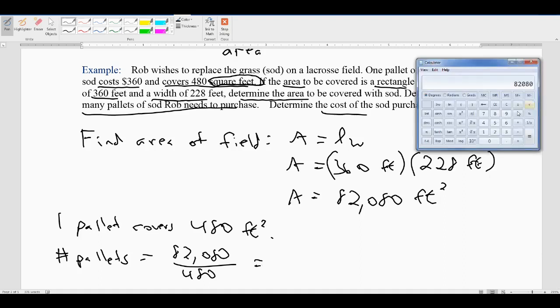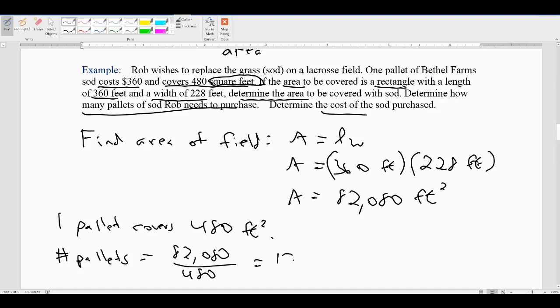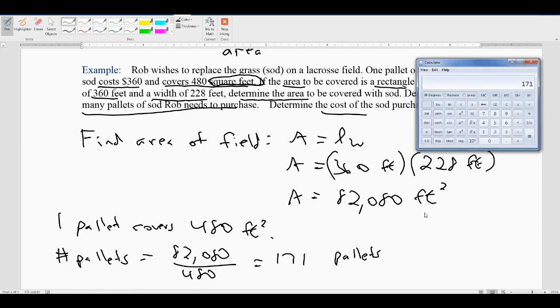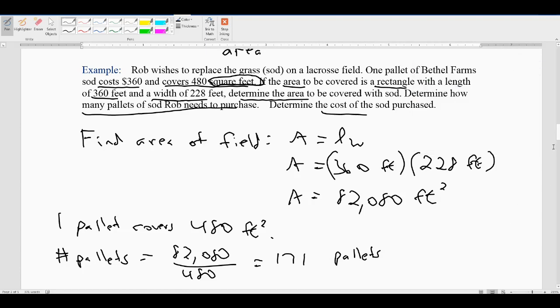We get 171 pallets. Now, if I got something like 171.1, 171 won't be enough. I have to use 172 pallets then. You can't buy 0.1 of a pallet, is the assumption. So that's the number of pallets.